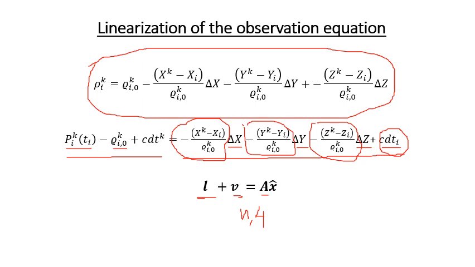This means that if we have at least 4 observations, we can solve our problem.